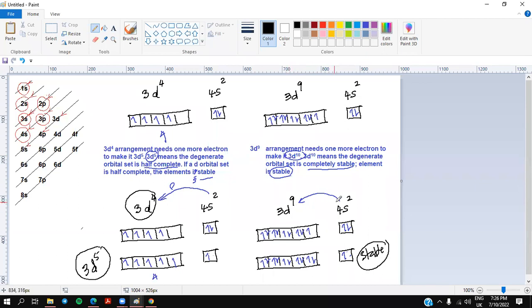Here, 3d9 gets 1 electron from 4s2, so 3d9 becomes 3d10, and this will be just 4s1. 3d10 is more stable than 3d9. 3d5 is more stable than 3d4. So elements undergo a rearrangement in their electronic configuration to become stable. Hope you got the idea.